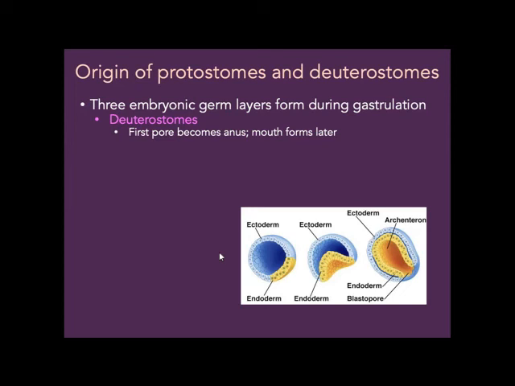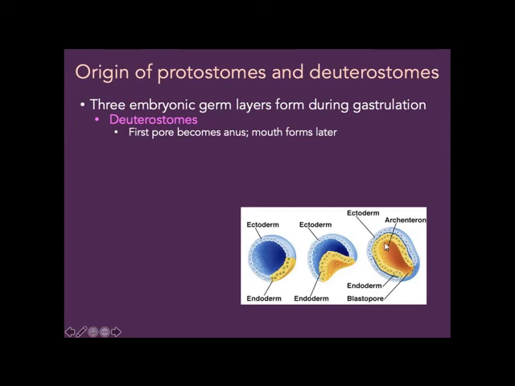And then at some point, that hollow ball of cells gets a little pushed in on one side, okay? So it gets a little indentation right here. And that indentation is going to become part of the gut, okay? So that indentation will get pushed in and pushed in until it goes all the way through and comes out the other side.